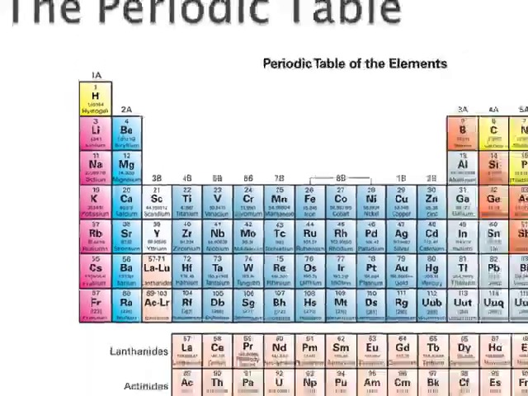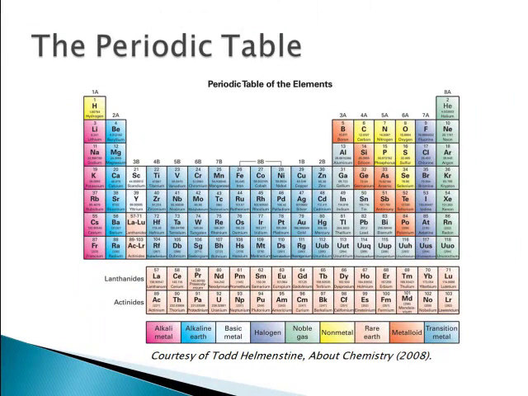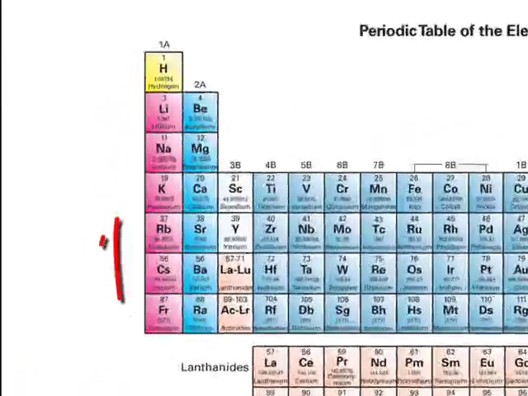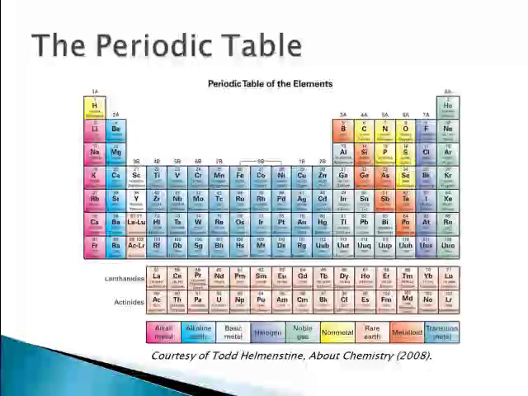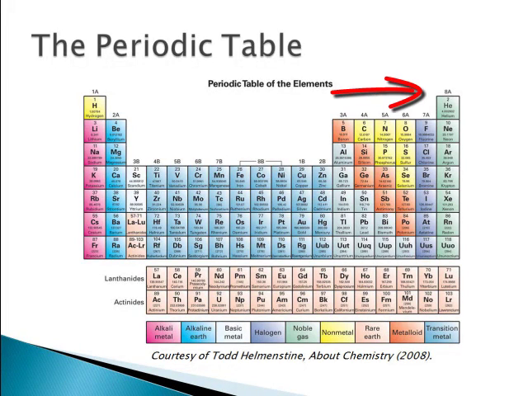Now, elements with similar properties are arranged in the same column, and these columns are called groups, also called families. Elements with the same number of electron shells, and by electron shells we mean the number of the electron in the outermost orbit, whether it be 2 or 8, that would be the electron shell, are arranged in the same row, called periods.